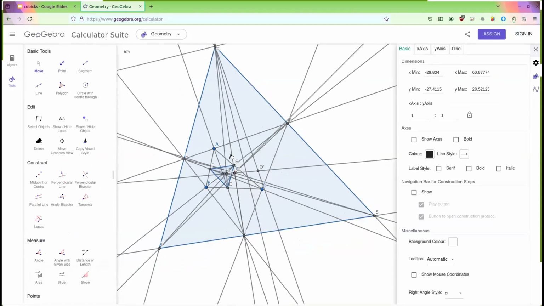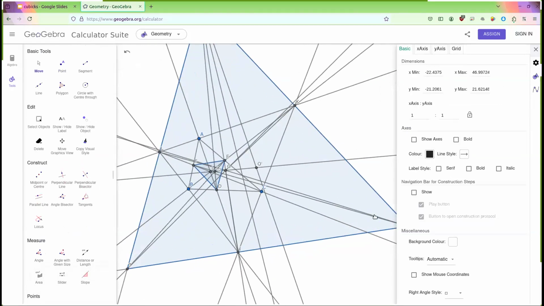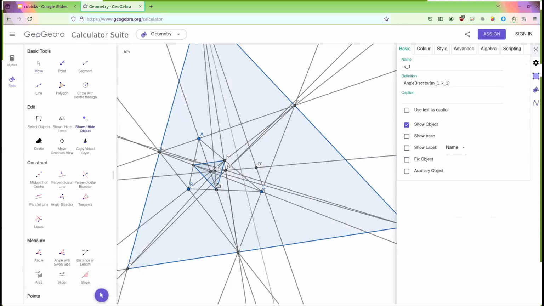So note that, do you guys know what orthologic triangles are? You don't need it actually, I'll hide this.